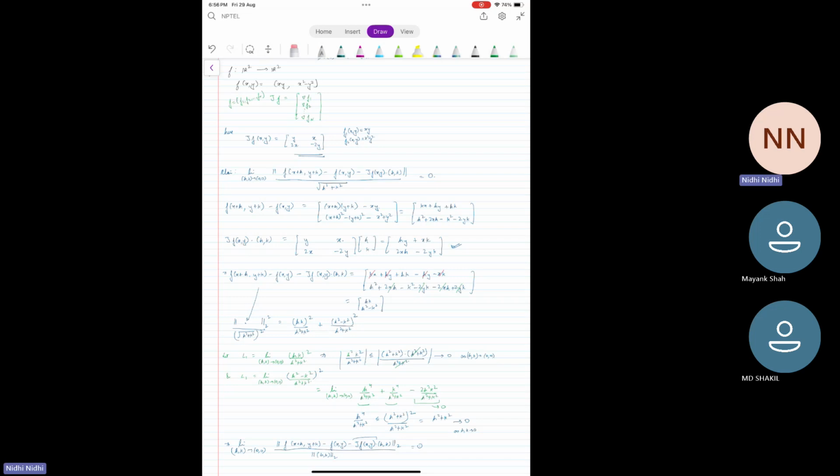I hope this is clear how the Jacobian gives us the derivative. So while searching for a derivative, we can at least start with the Jacobian. That gives us some direction.